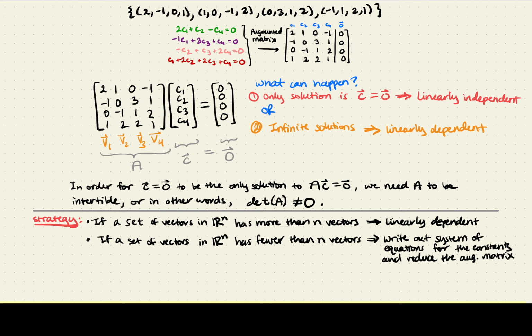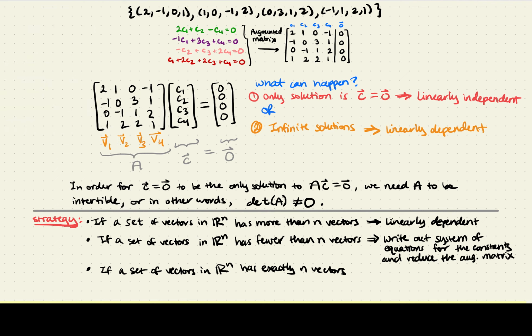And lastly, the thing that we just showed in this example, and it turns out it's true, is that if we have exactly n vectors, so if a set of vectors in Rn has exactly n vectors, then we can create the square matrix A and compute the determinant.